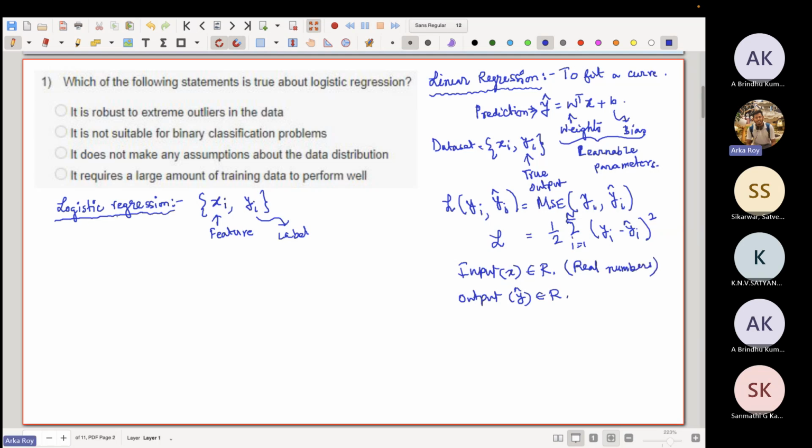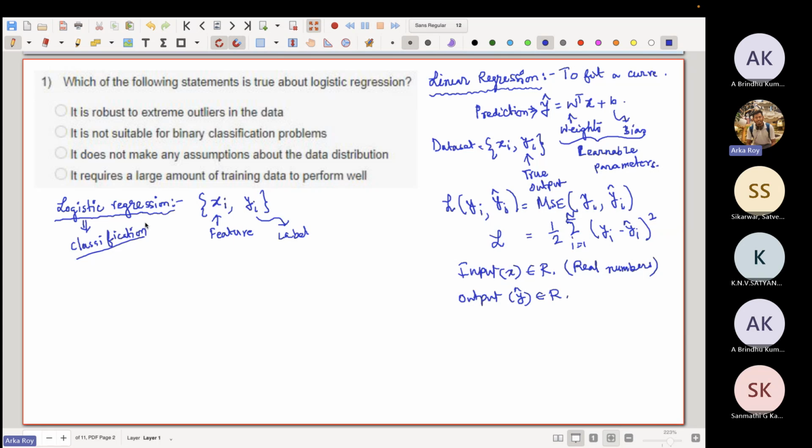But in case of logistic regression, this is basically used for the purpose of classification. And in the class lecture as well, you have seen that Professor M.K. Bhuyan has used an example of type 2 diabetes. Given some feature like weight, he has tried to predict whether a person is having type 2 diabetes or not.